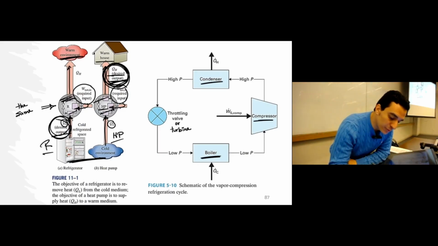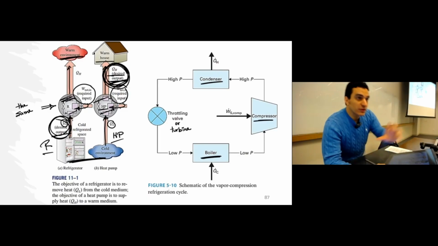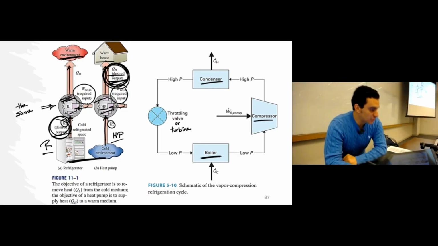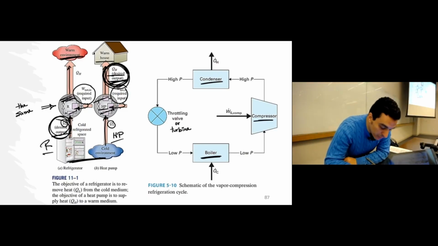Okay, but if you look at the differences between this and power cycles. If you remember, usually in power cycles we have a boiler, the unit that operates at high temperature. But here in refrigerators and heat pumps, the boiler is operating at low temperature.